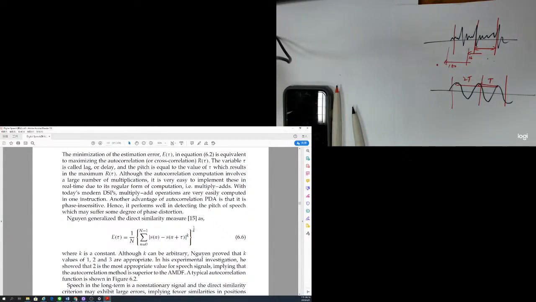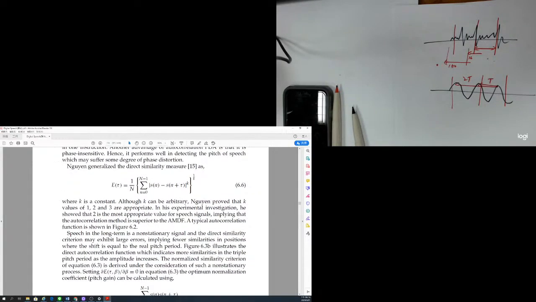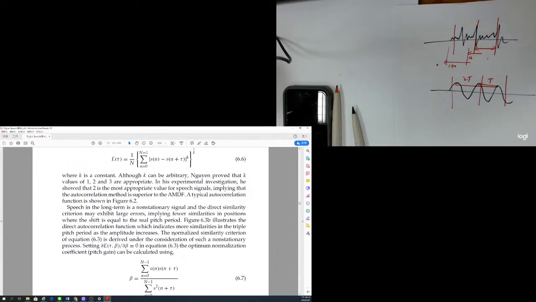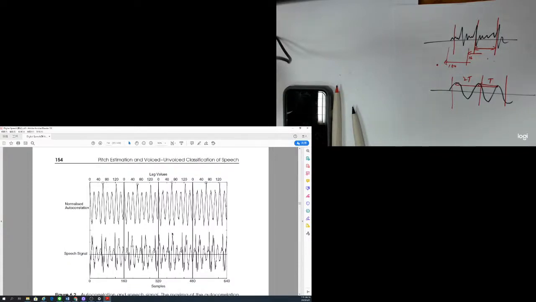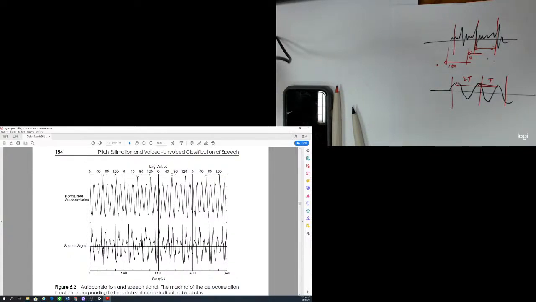In the literature, they try to find out what k should be. k equal to 1 is like an absolute value, k equal to 2 is similar to autocorrelation, then k equal to 3. Depending on what they find, 2 is good enough.